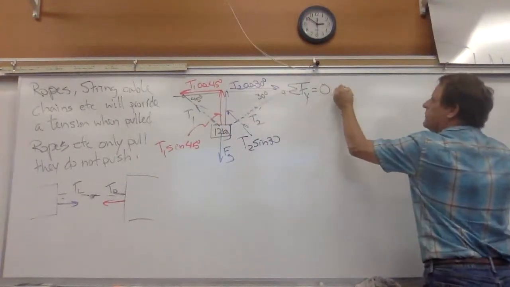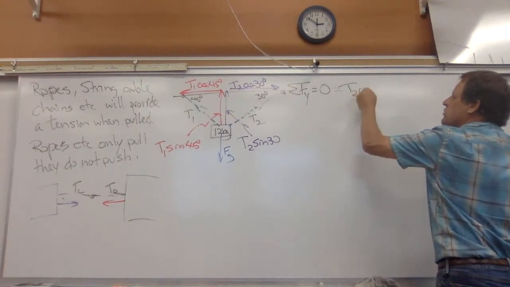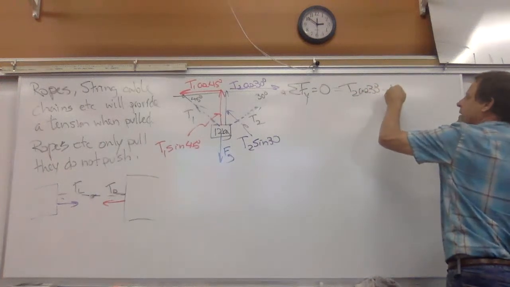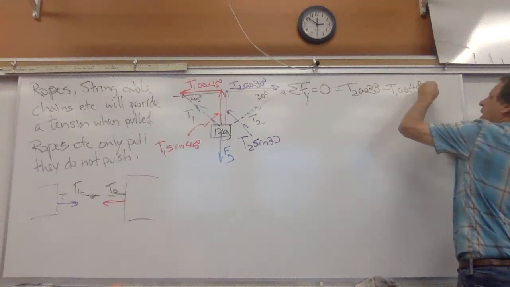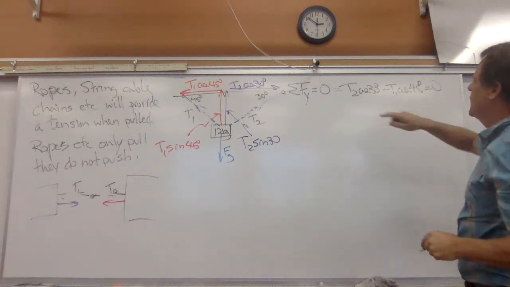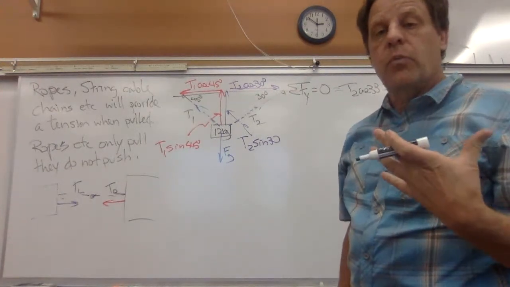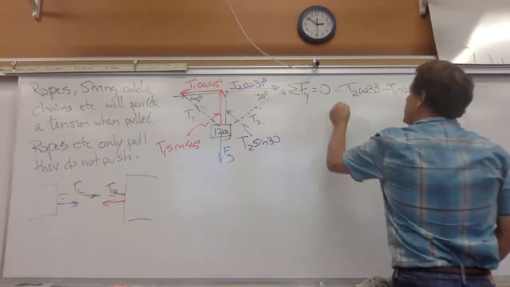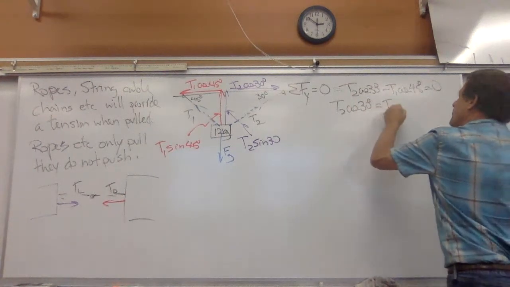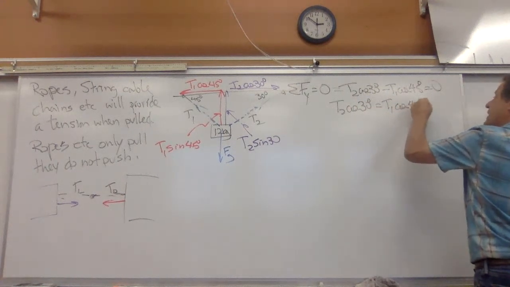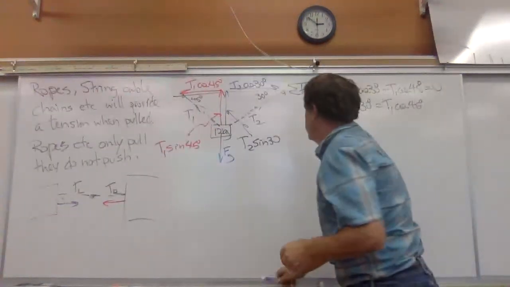So when we do this, I'm going to say to the right is positive, and I'm going to say T2 cosine 30 degrees minus T1 cosine 45 degrees is equal to 0. Now since they subtract and add up to 0, we can set them equal to each other. So we know that T2 cosine 30 degrees is equal to T1 cosine 45 degrees, and that gives us one of our equations.